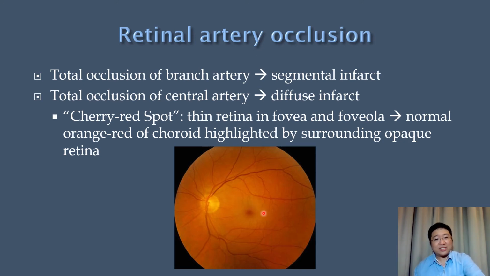So we see the choroid color, the color of the choroid. So the choroid is highlighted by the surrounding opaque retina. This is called the cherry red spot. This is the cherry red spot, which is a characteristic feature of retinal artery occlusion.